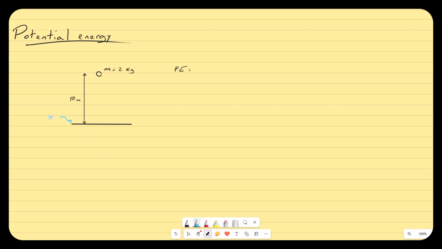I'm going to call the ground h equals 0. So my potential energy is mgh, 2 kilograms, 10 meters per second squared, 10 meters, 10 times 10 is 100, times 2 is 200, and the units of this thing are joules.